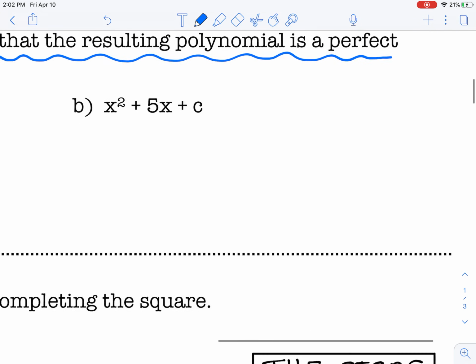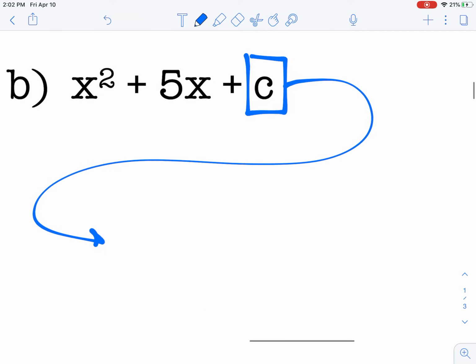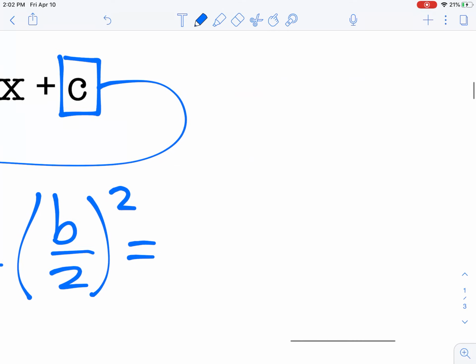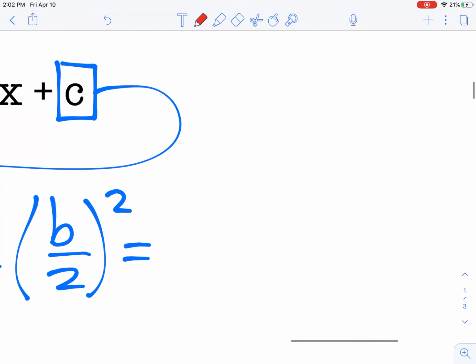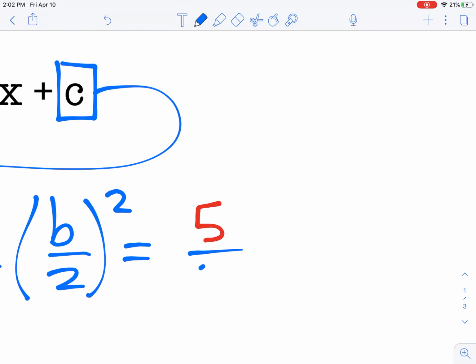If you'd like to pause the video here before we do example B just to see if you understand, feel free. So same idea. If I have my first two terms in my trinomial and I want to know what this should be to create a perfect square trinomial, I take b divided by 2 and I square. B in this particular case is a 5. You could do this in decimal form if you like, or you could keep it.